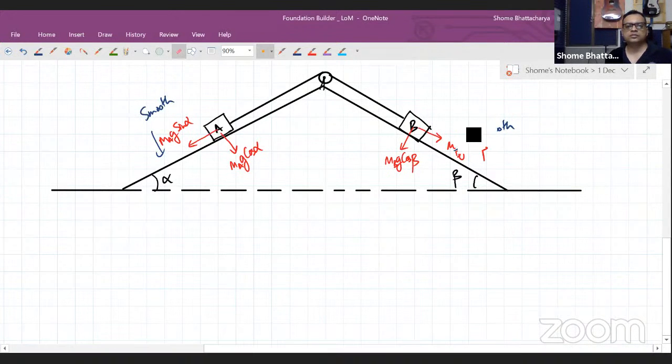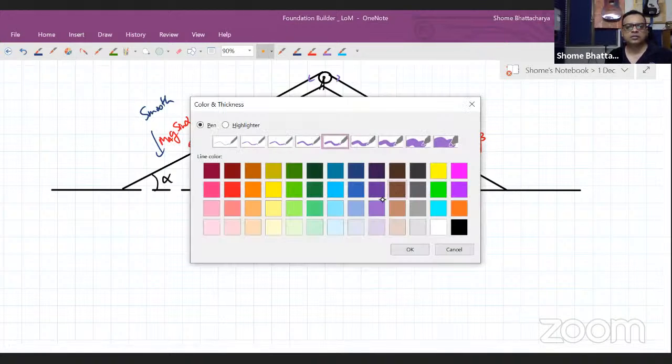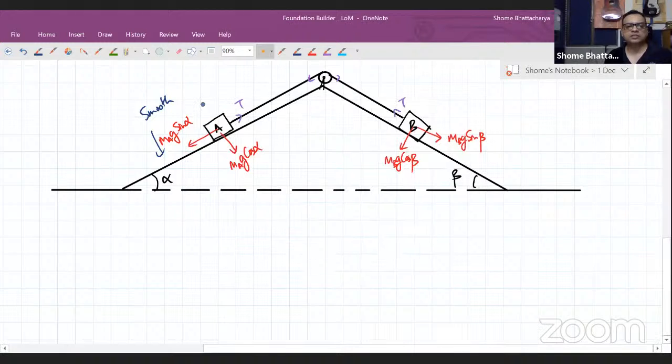This kind of distribution. Then of course there will be tension in the string, which is uniform in magnitude at all the places because it's a massless thread. And then there will be normal reaction on this block, normal reaction on this block.